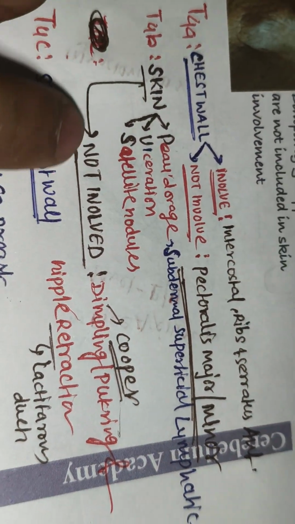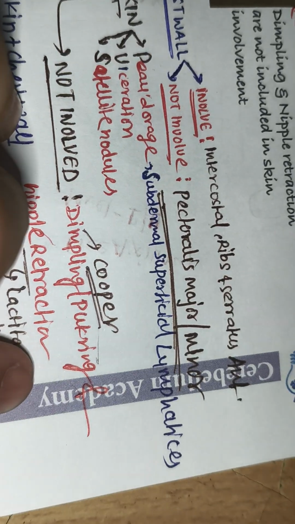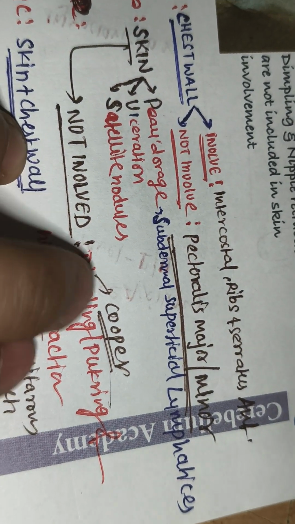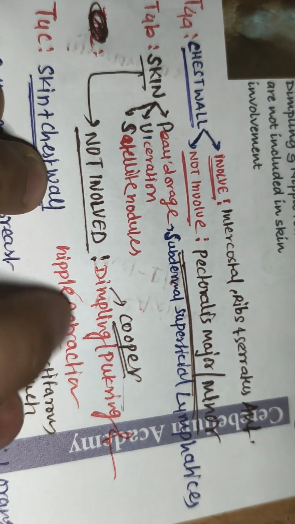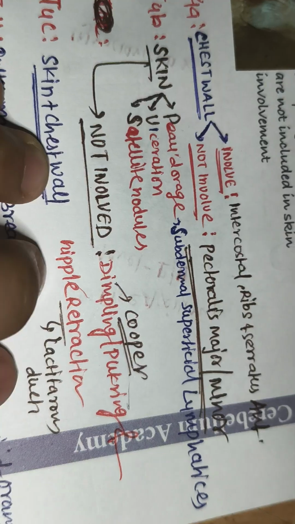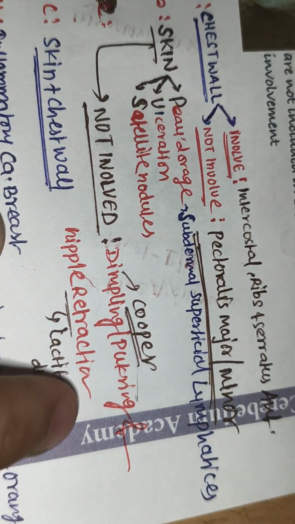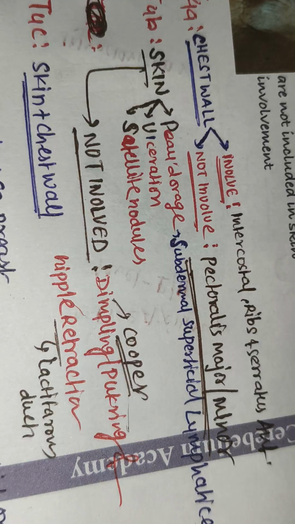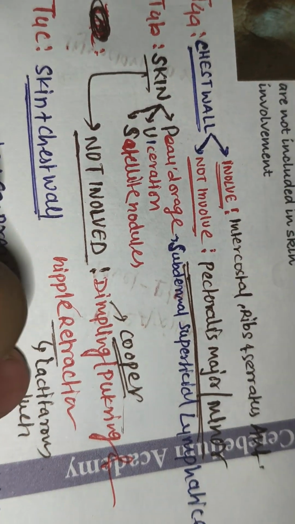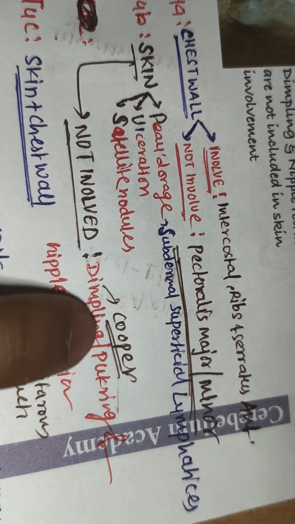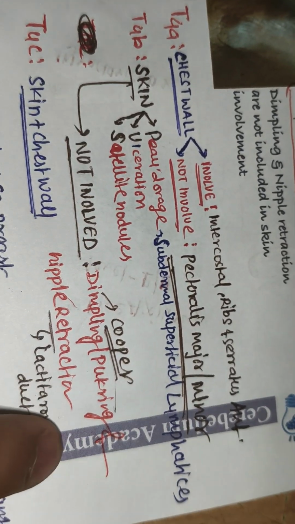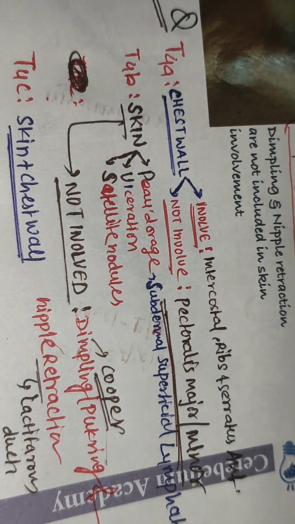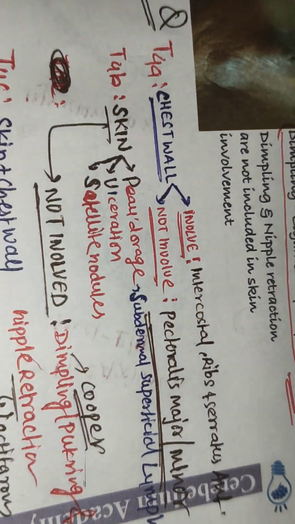But skin dimpling or puckering, Cooper ligament problems, and nipple retraction, a lactiferous duct issue, are skin problems that are not involved in T4b. These are involved in T4c. So these are also very important points.